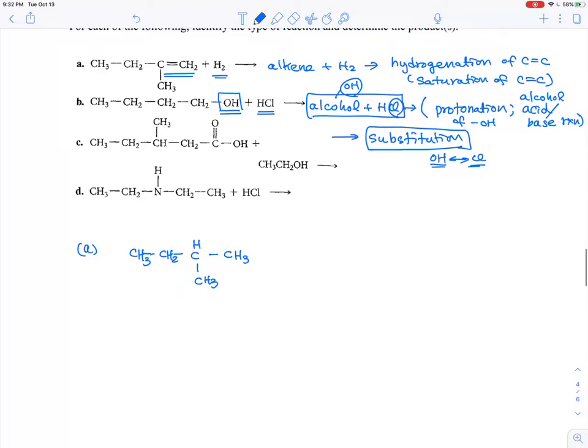So let me explain how the reaction occurs. And this one is essentially 1, 2, 3, 4 carbons with an OH here, and then HCl.